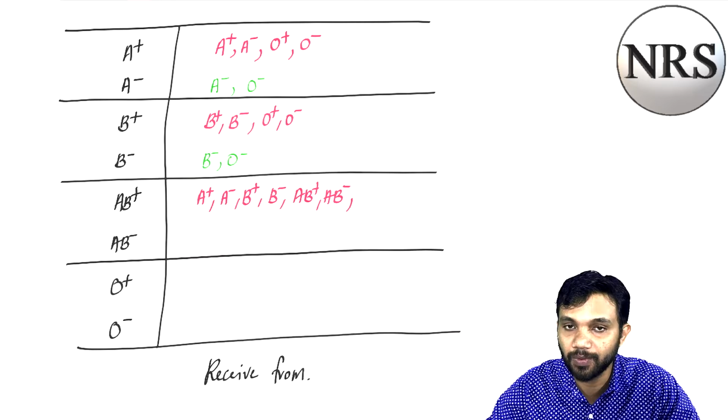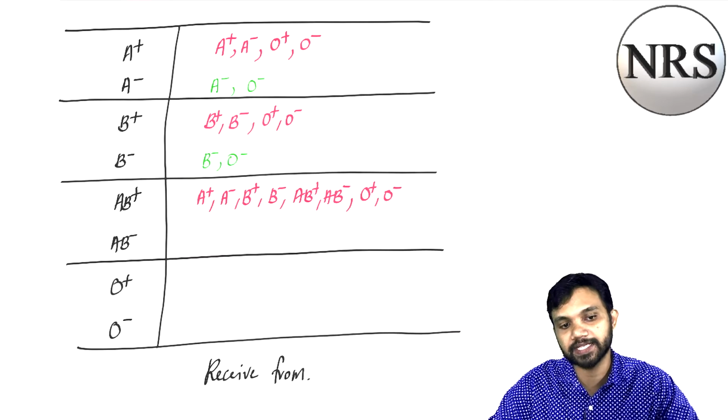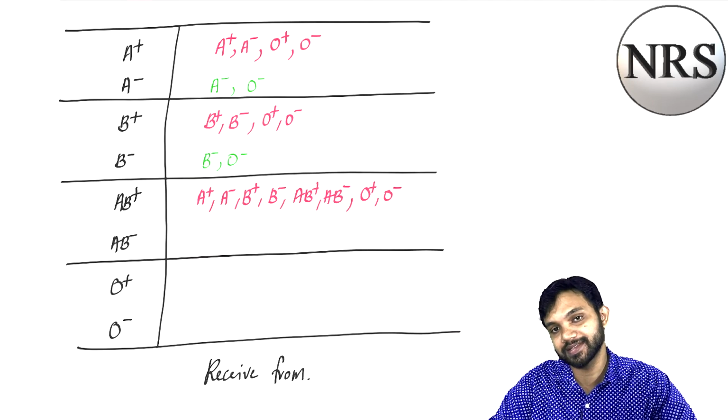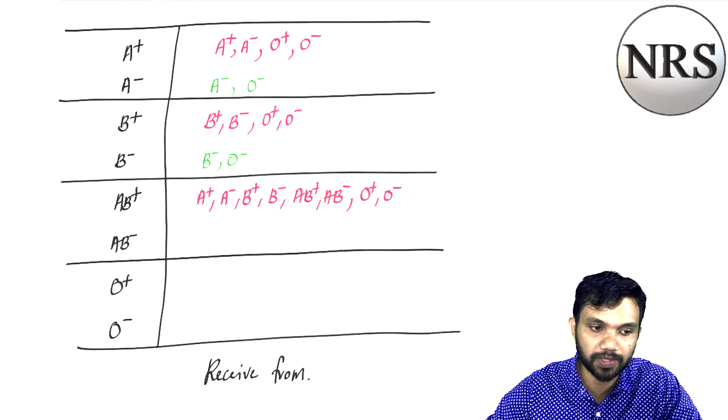Can they receive from O? Yes, O positive and O negative, right? So let's work out the negative ones.